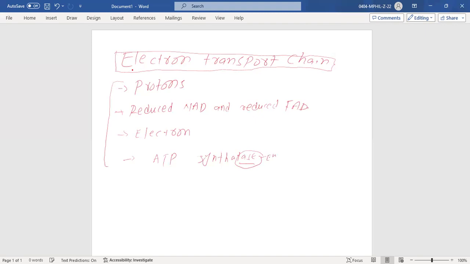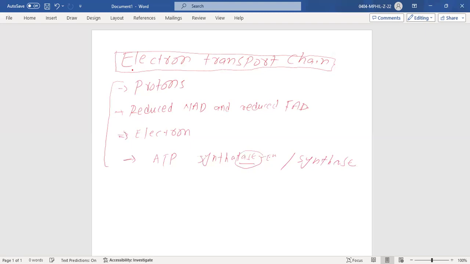So we can use both terms; both are commonly used for it. The root word is synthesis.